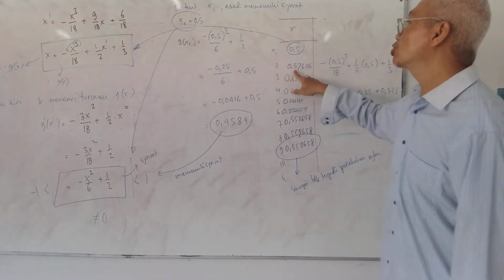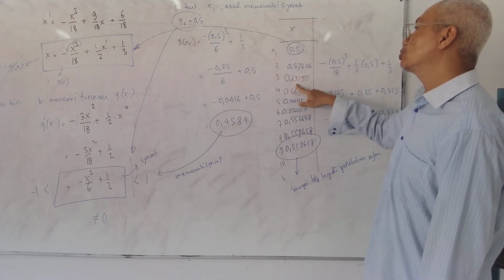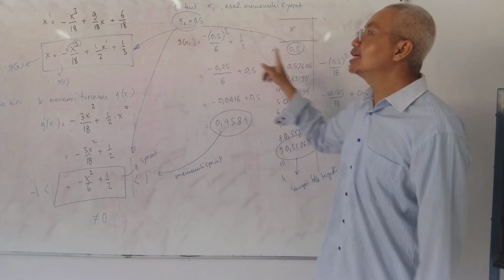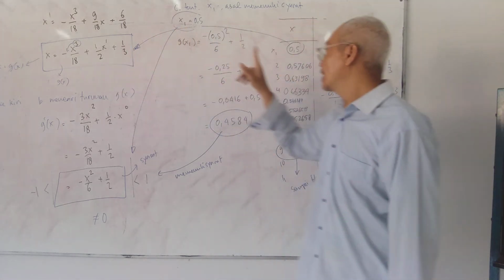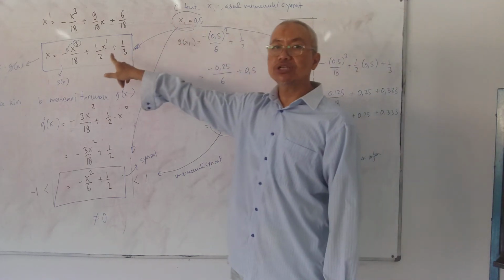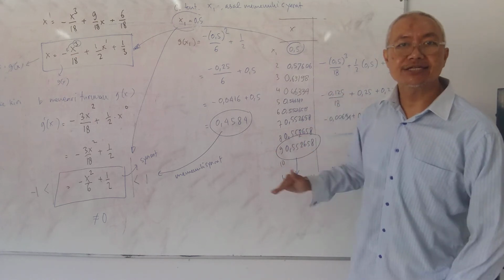So we will find 0.57606. How do we find x3? We just put 0.57 into g(x). We will find x3. How do we find x4? We just put x3 into this equation. We will find x4, again and again and so on.